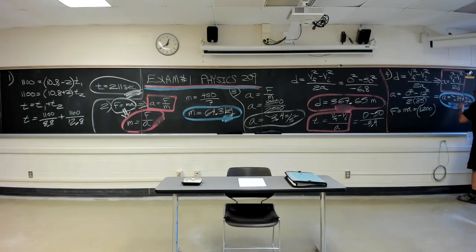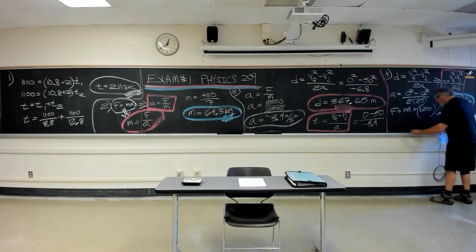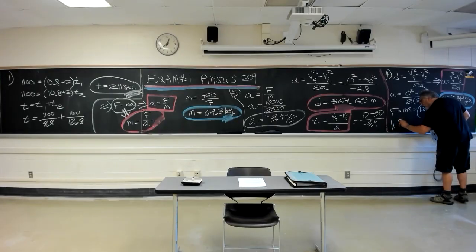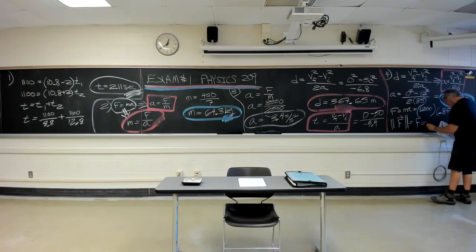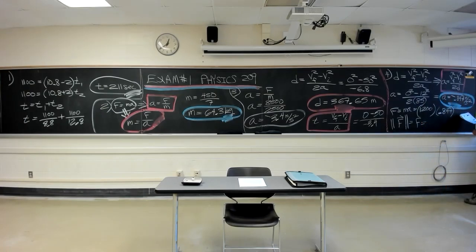We need the absolute value of this just to get magnitude. Mass times acceleration will give you the magnitude of what we want. The magnitude of the vector, you want to call it F like we were doing it earlier, is 1016.5 newtons.